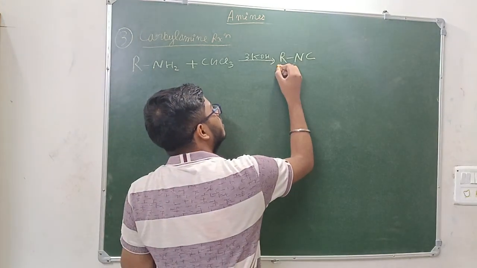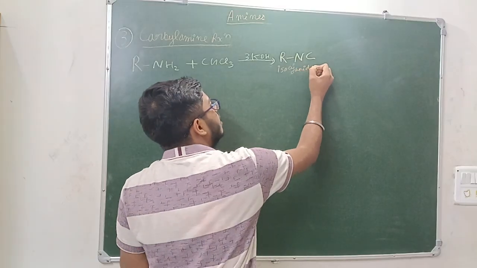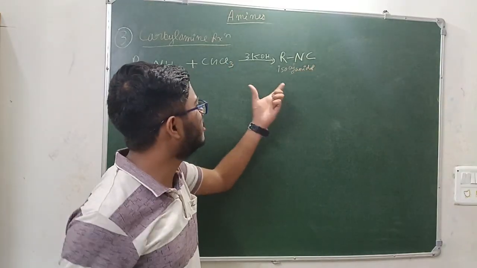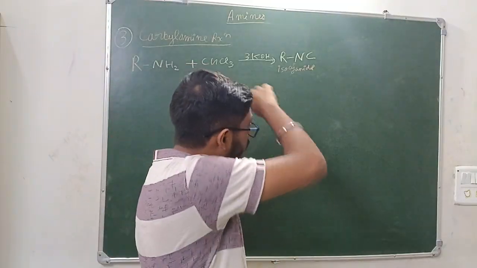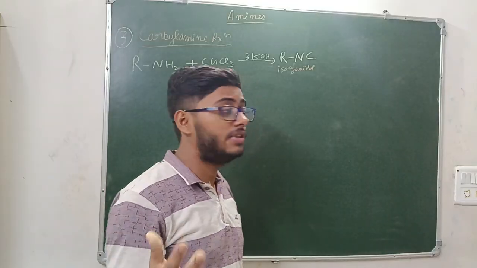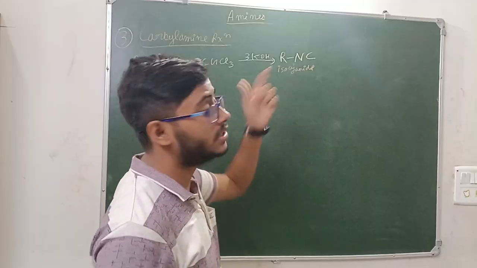This compound generally smells like rotten fish. It is a very smelly compound. Whenever you go into a chemistry lab, if there is isocyanide, then you cannot breathe there. It is a very suffocating chemical.